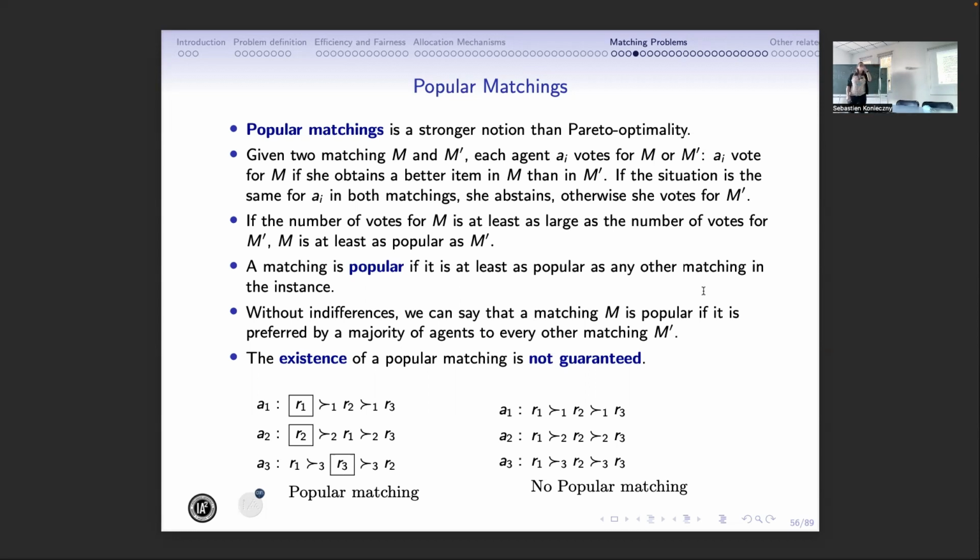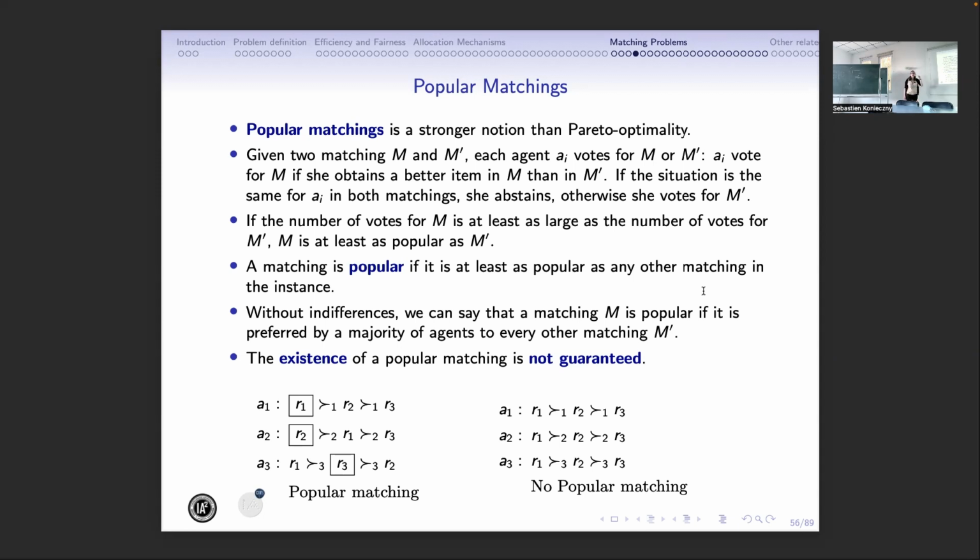So it means that it will be preferred by the largest set of agents. And when we have no indifferences, so no agents who abstain, we can say that a matching M is popular if it is preferred by a majority of agents over any matching M prime.